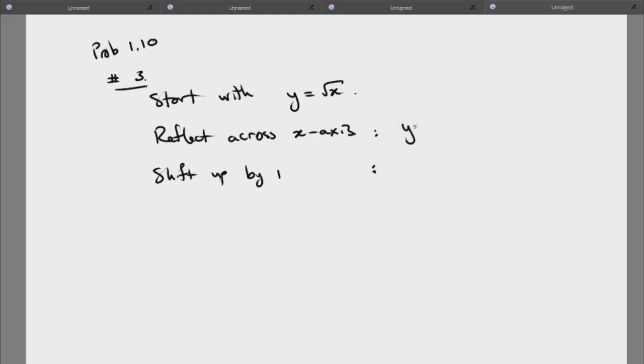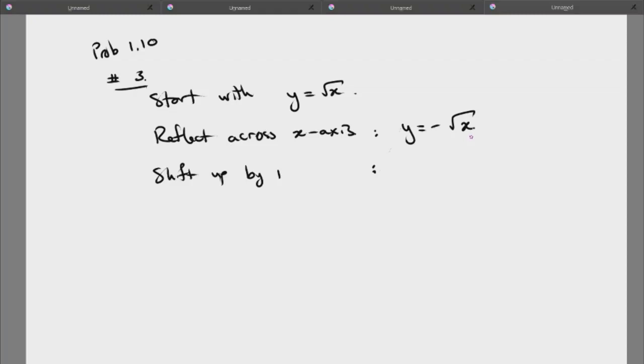I'll start it here. Y equals. And then you say nothing. You have to say something. Yes. Minus root x. Minus root x, because my reflection was over the x-axis, so it was vertical.